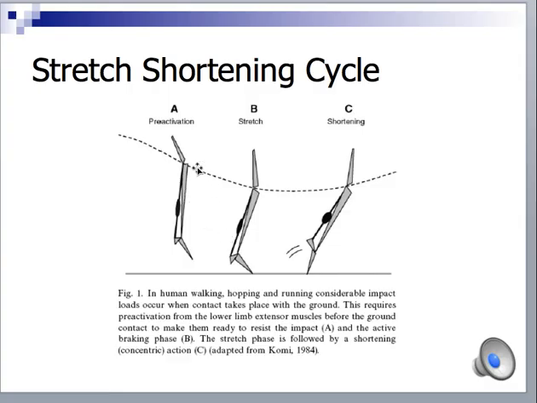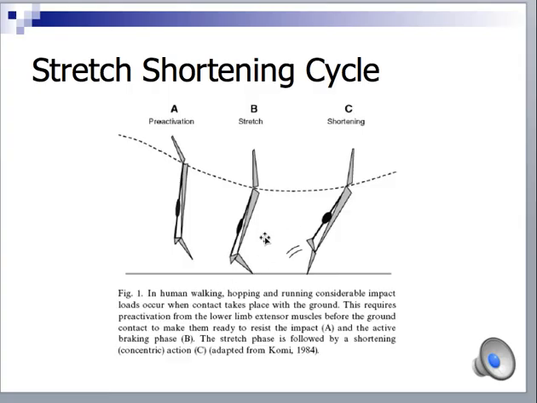So essentially this shows a typical stretch shortening cycle where just before a joint is stretched or a muscle stretched or elongated across a joint, it's pre-activated. So in this case, as somebody's starting to land on the ground, just a few milliseconds before they land, the muscle's activated so that when it lands, in this case on the toes, as the muscle's lengthening, it's eccentrically contracting.